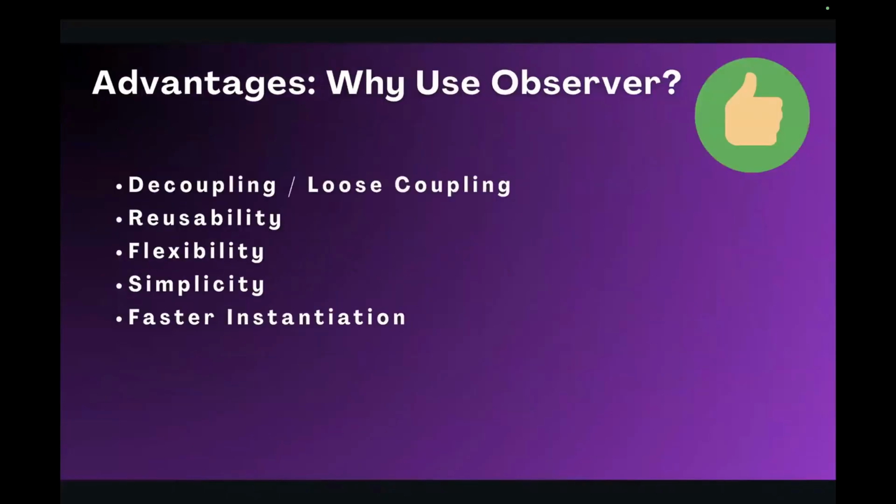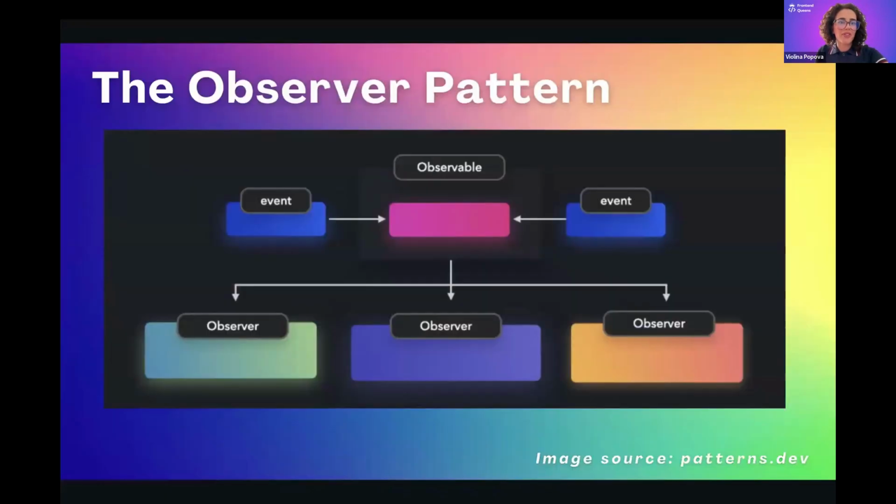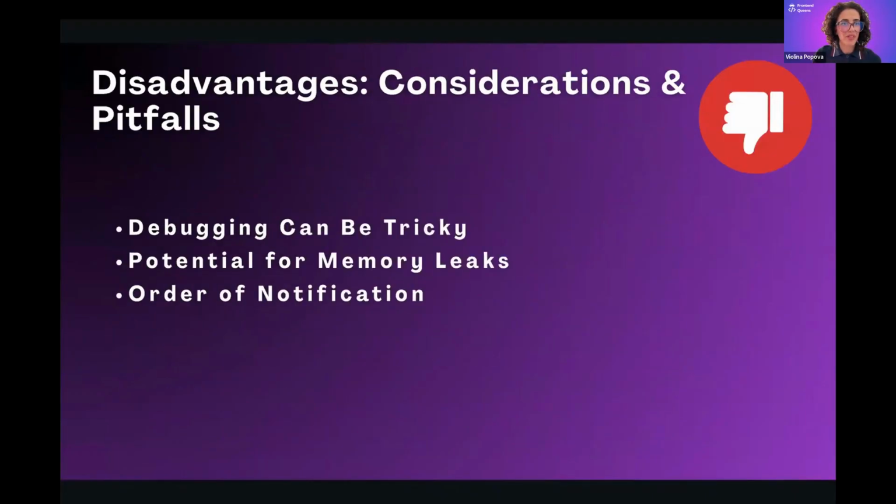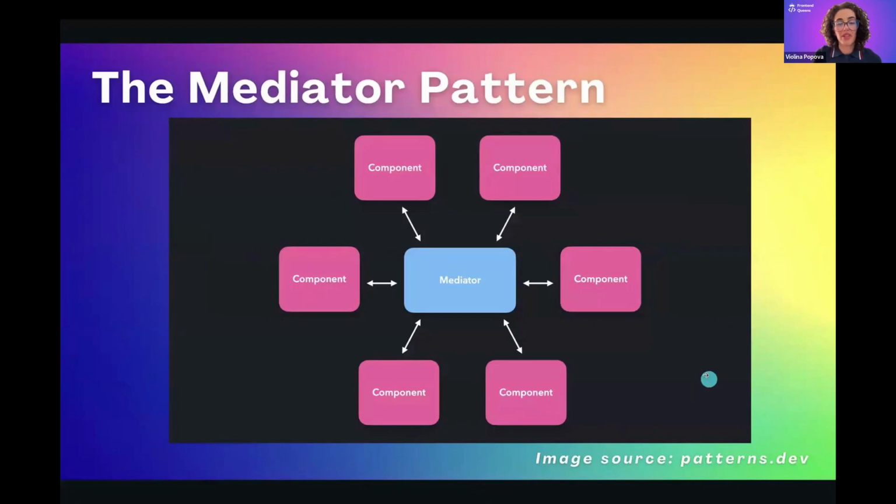Yes. So the core of the observer pattern is one-to-many connections, and in the mediator pattern we have a mediator which centralizes the connections, and we have the different components or colleagues which are talking to the mediator but are not talking to each other.